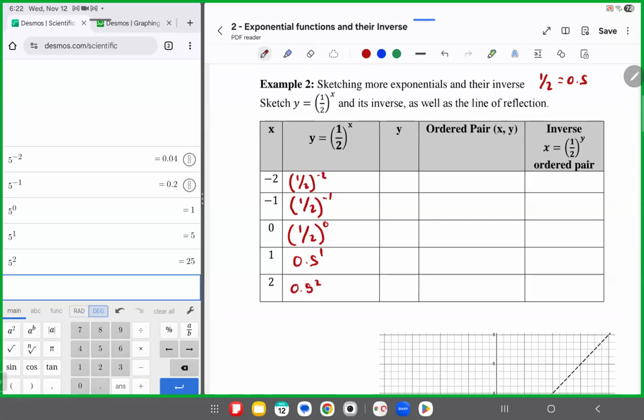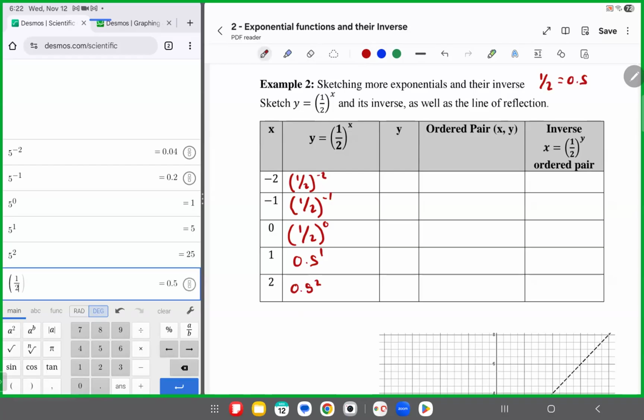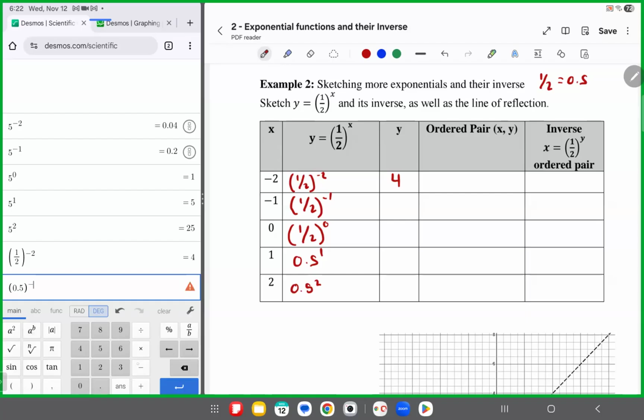So typing these in, if I were to type in 1 divided by 2 to the power of -2, we get 4. And note if I were to type in 0.5 to the power of -2, I still get 4.